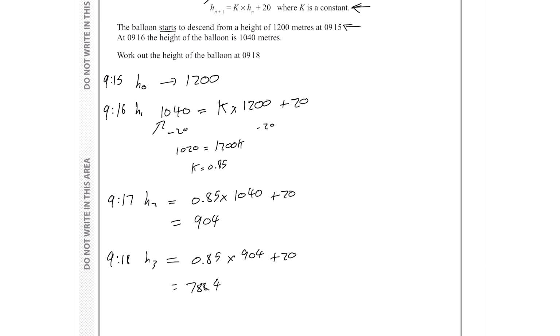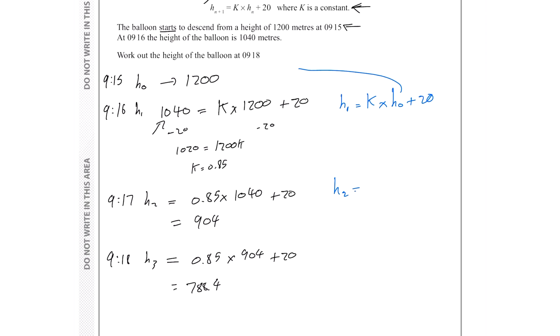If that was a little bit confusing, let me write the formula next to this. So this is going to be hn plus 1. In this case, that's h1, which is k times h0 plus 20, since n is 0. So you can see now where the h0 came from.